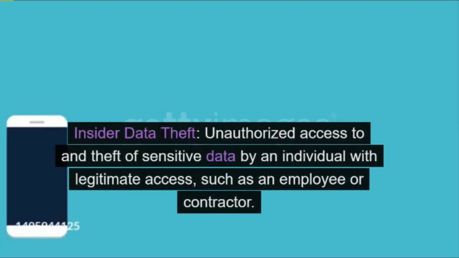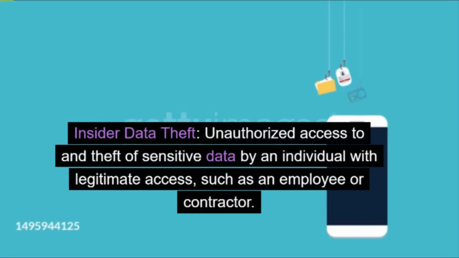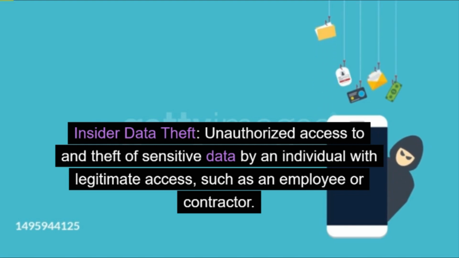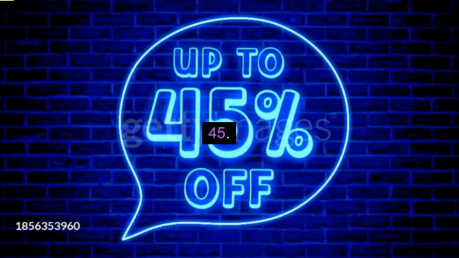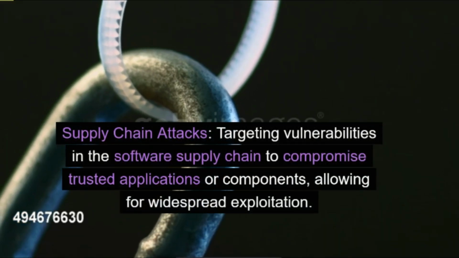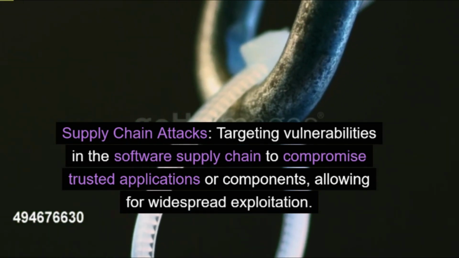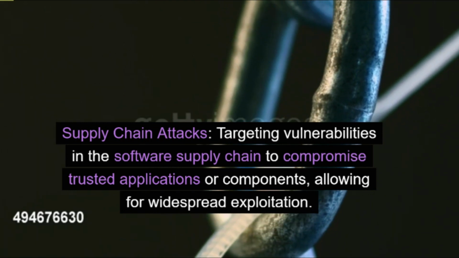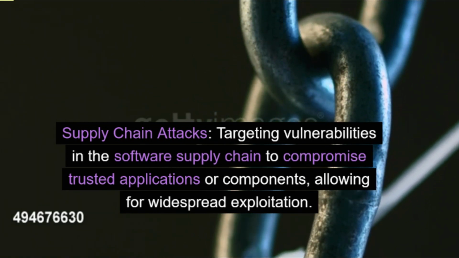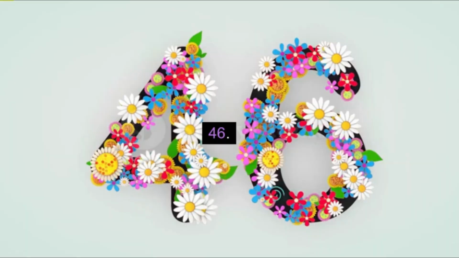44. Insider data theft. Unauthorized access to and theft of sensitive data by an individual with legitimate access, such as an employee or contractor. 45. Supply chain attacks. Targeting vulnerabilities in the software supply chain to compromise trusted applications or components, allowing for widespread exploitation. 46.